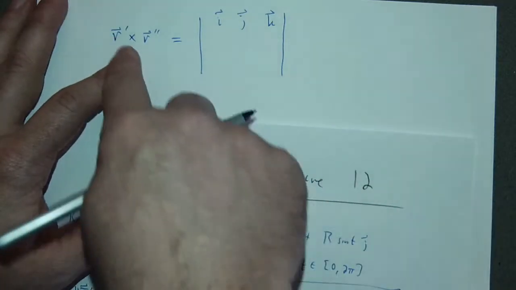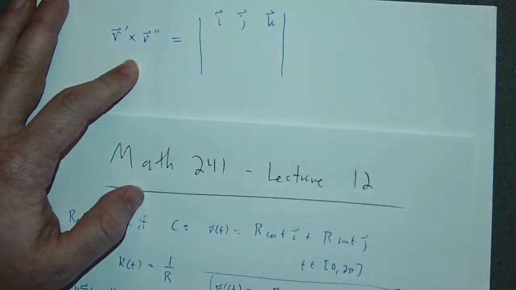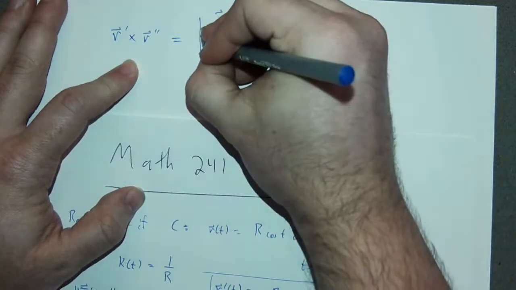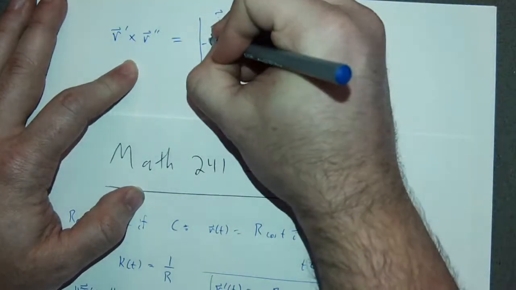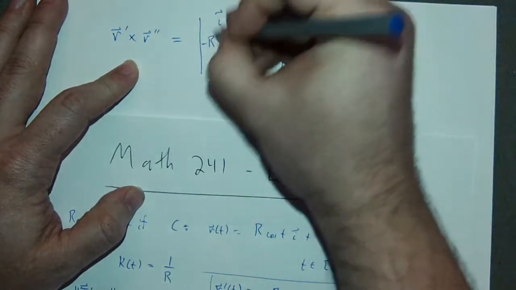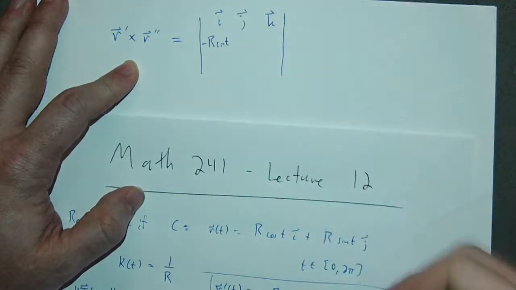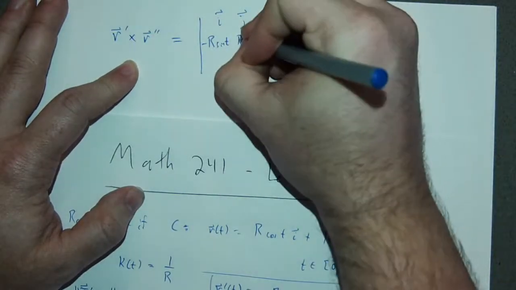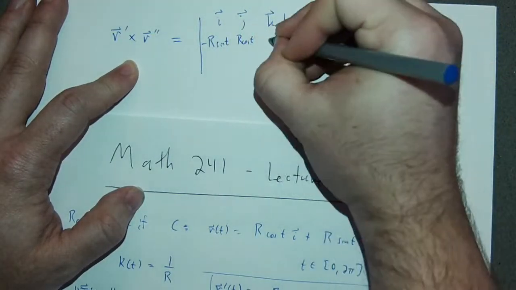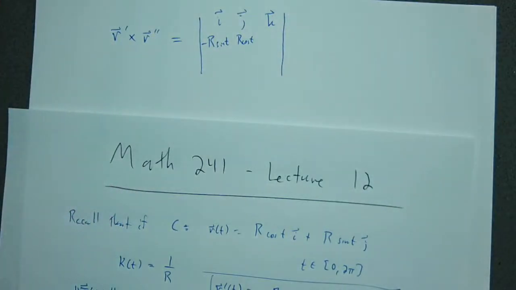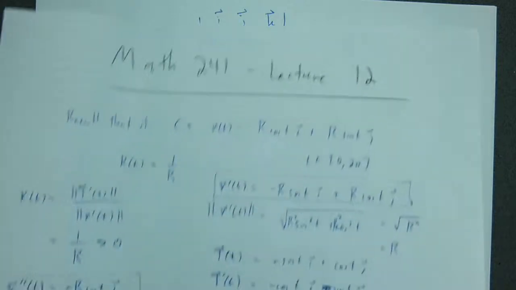So I need r prime in the first slot, so that's minus r sine t, plus r cosine t in the second slot. But k, we have come across a conundrum here. What is our conundrum here?